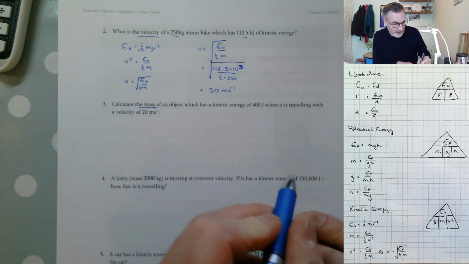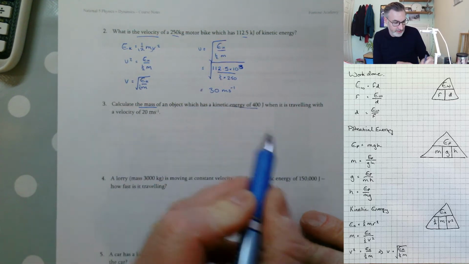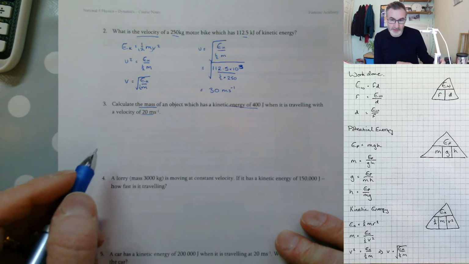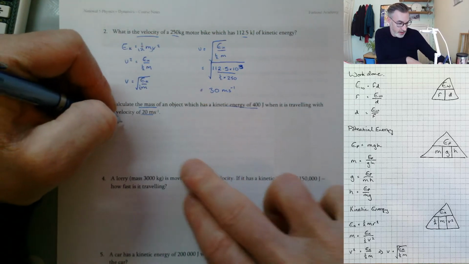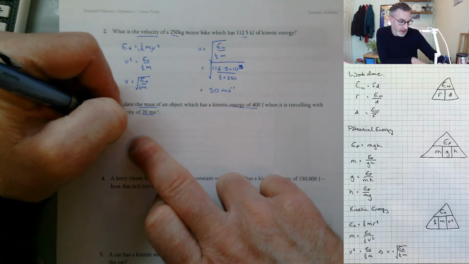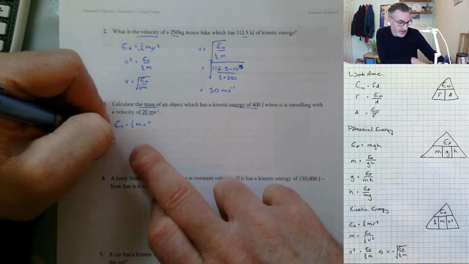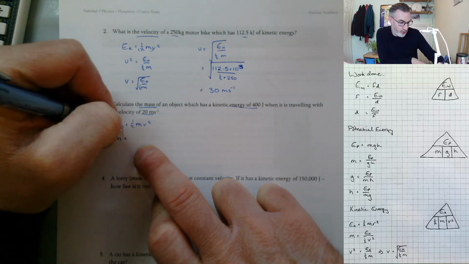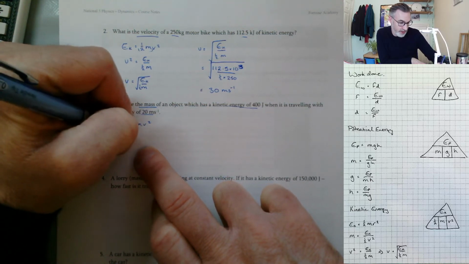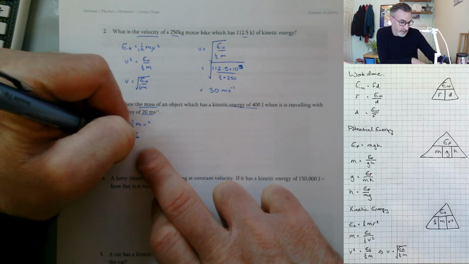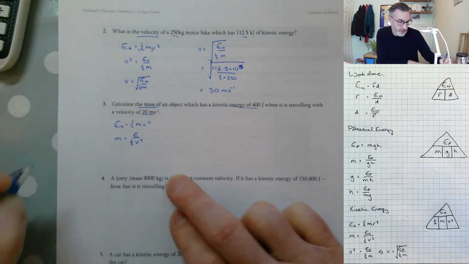Calculate mass of an object which has a kinetic energy of 400 joules and a velocity of 20. So again, if we're starting with EK is equal to half mv squared, to work out mass, leave mass where it is, pull the half and the v squared down, so EK over a half v squared.